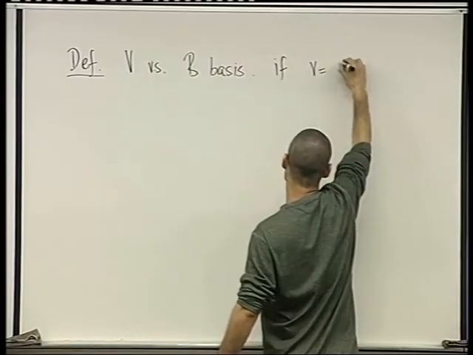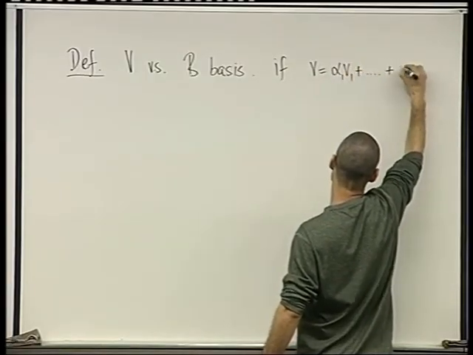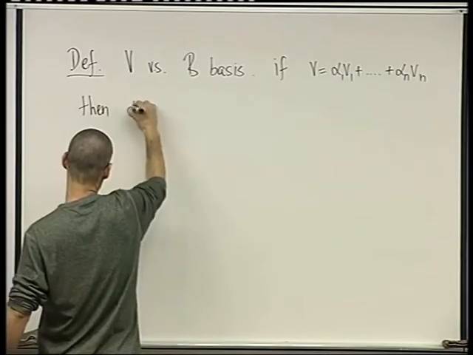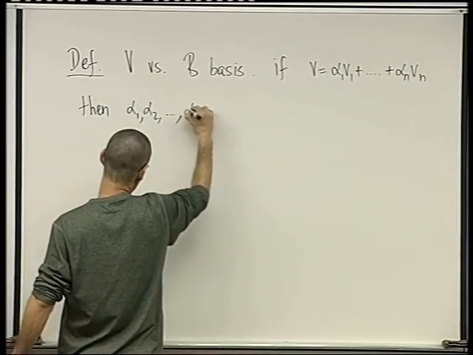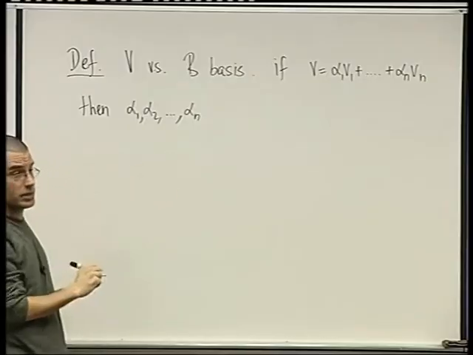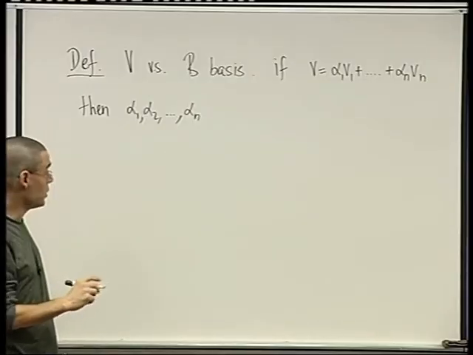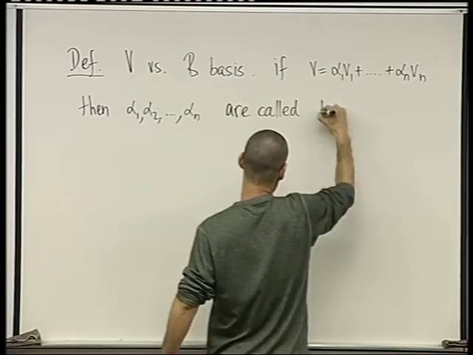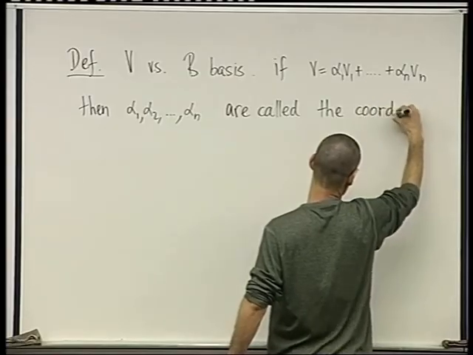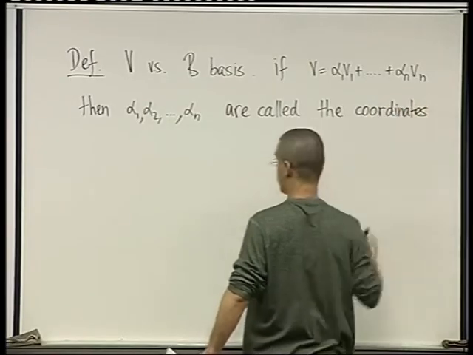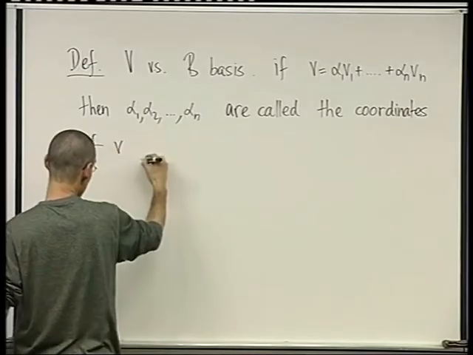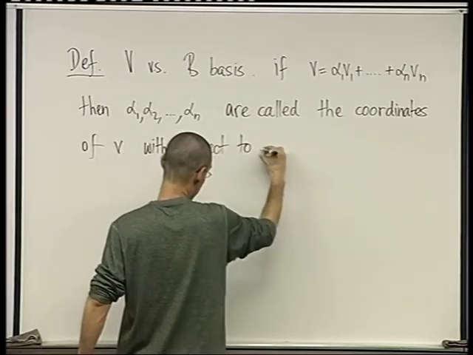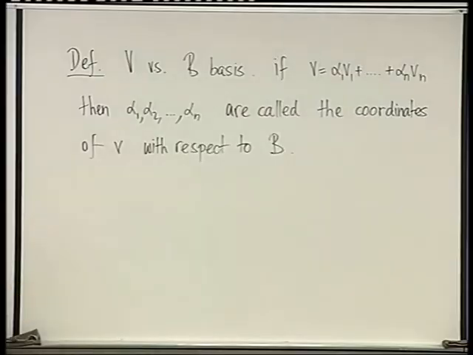If V is alpha 1 V1 plus dot dot dot plus alpha n Vn, then alpha 1, alpha 2 through alpha n, the coefficients, the scalars in that presentation of V as a linear combination of the basis elements, are called the coordinates of little v with respect to B, to that specific basis.